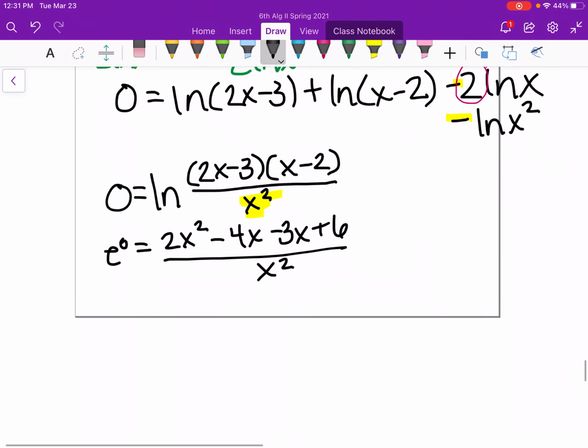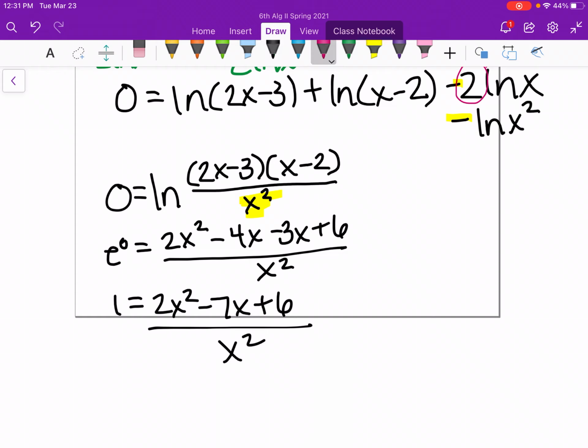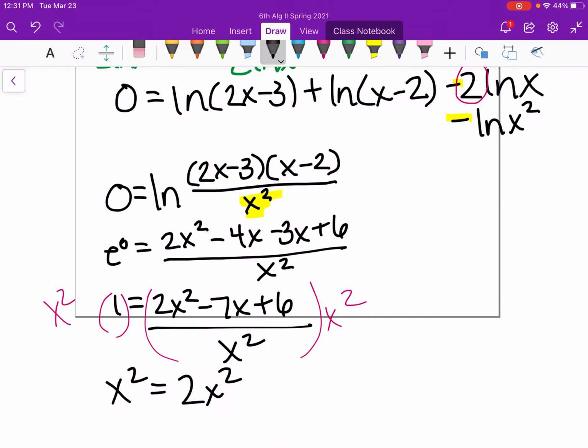Anything to the 0 power is 1, so e to the 0 is 1 equals 2x squared minus 4x minus 3x is 7x, minus 7x plus 6, all over x squared. Multiply both sides by x squared. So you have x squared equals 2x squared minus 7x plus 6.